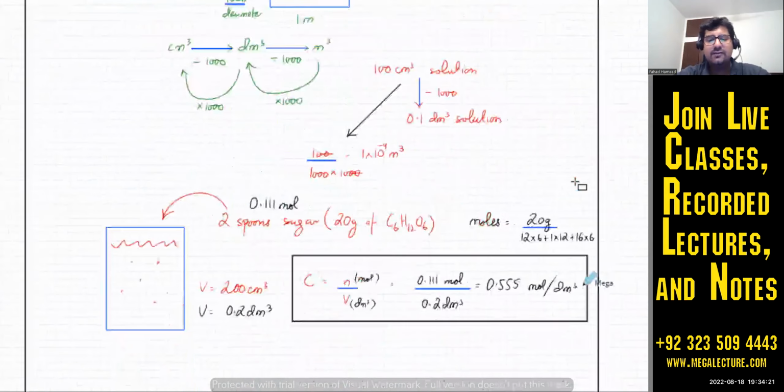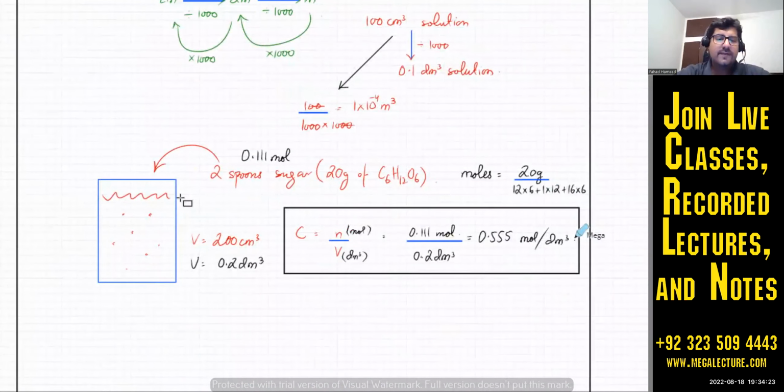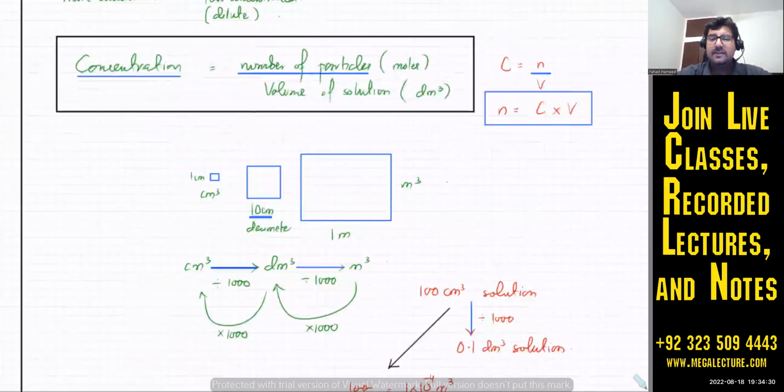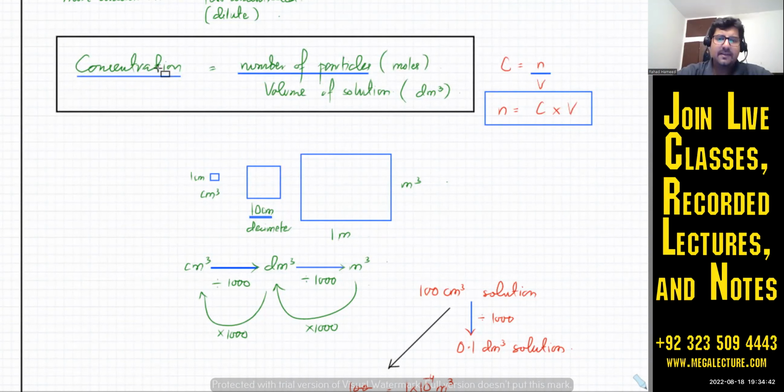So whenever you see a solution, you need 2 things to find moles: the concentration and the volume. If you know these 2 things, you can figure out the moles. So that's another way of finding moles, and this applies to solutions only. Concentration is a term that only applies to solutions.